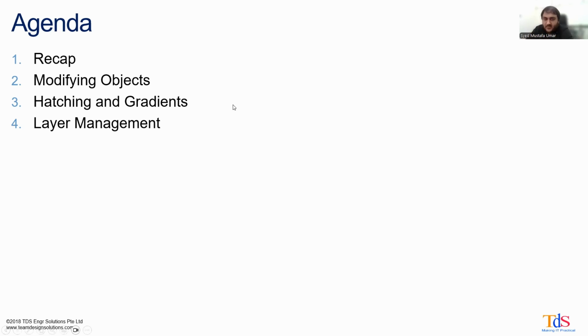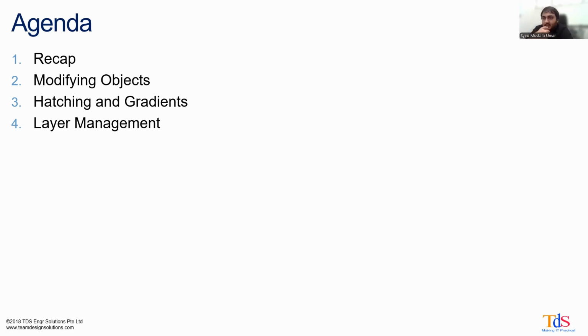So first of all, before moving to modifying objects, let's discuss a little bit, recap a little bit about what we did last time around. So, the first session consisted of two parts. The first part was more focused towards understanding the UI elements that 4MCAD offers.